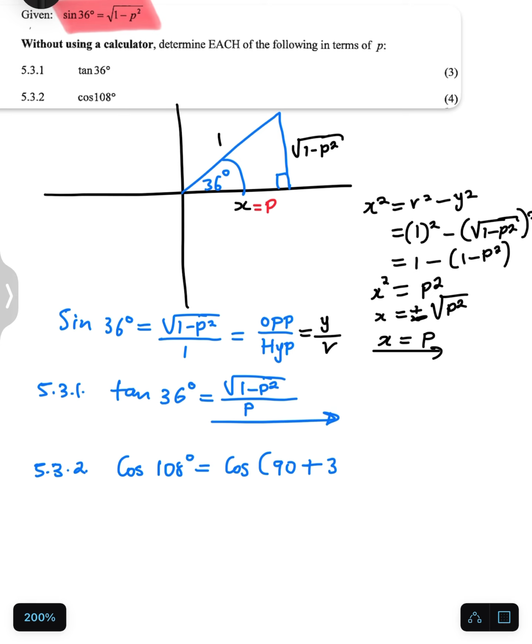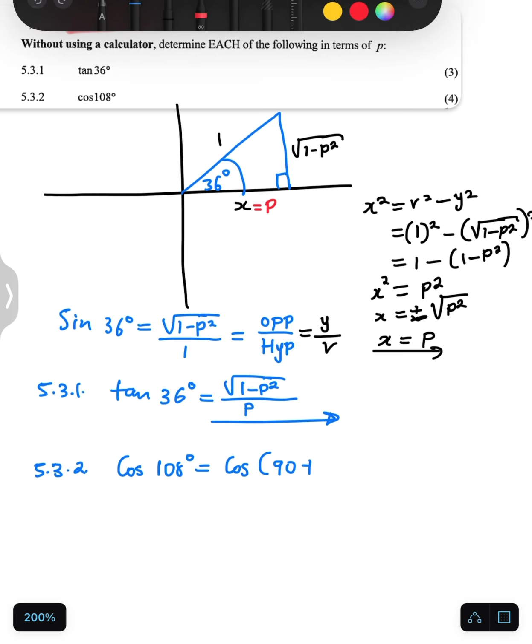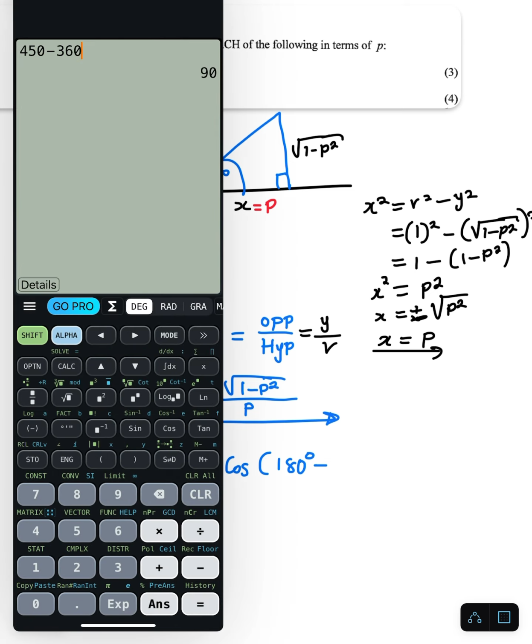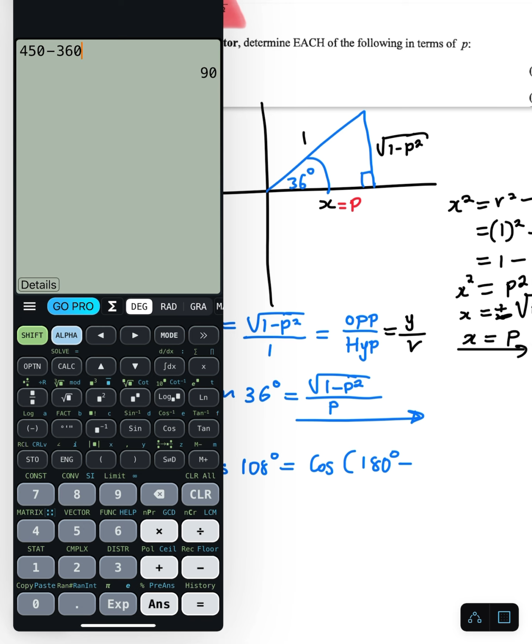Okay, let me see. No, this will not give us this. So let me just subtract this from 180. So I'm going to say cos of 180 degrees minus 36. Let's see, it doesn't give us 108.